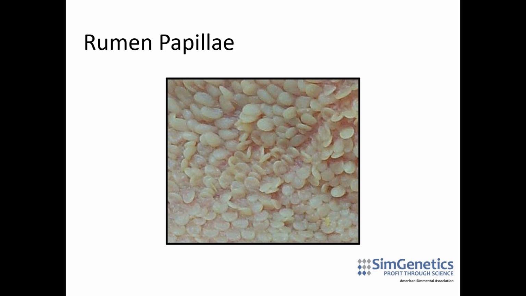These projections really increase the amount of surface that is used to absorb nutrients. Papillae form as an animal grows, so as a baby calf starts to eat more solid food mixed in with their milk, you're going to see these papillae start to form and grow.